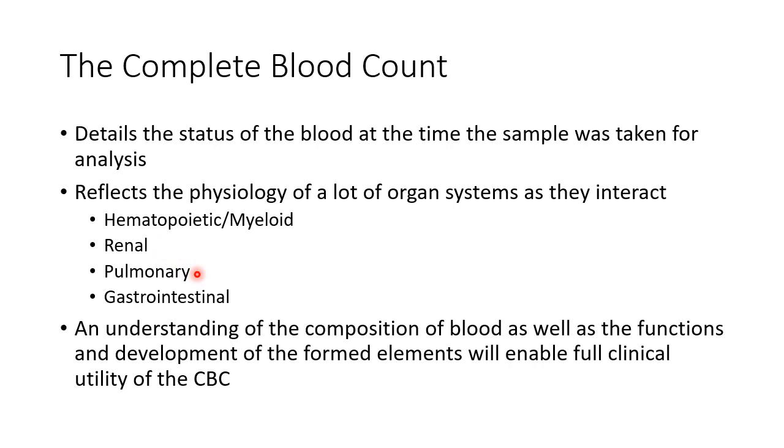Next would be the pulmonary system, and that is for a clear reason because oxygenation is a direct role of the lungs, and that oxygenation is in partnership with the red blood cell, which holds hemoglobin that holds and releases oxygen into the peripheral cells.